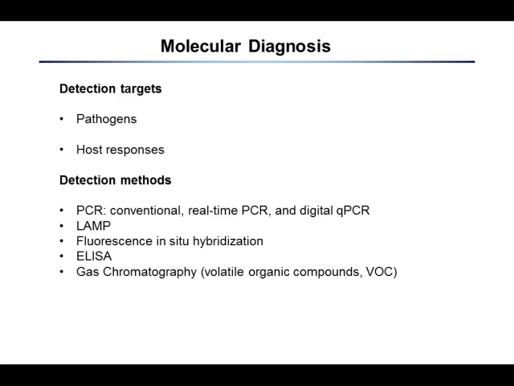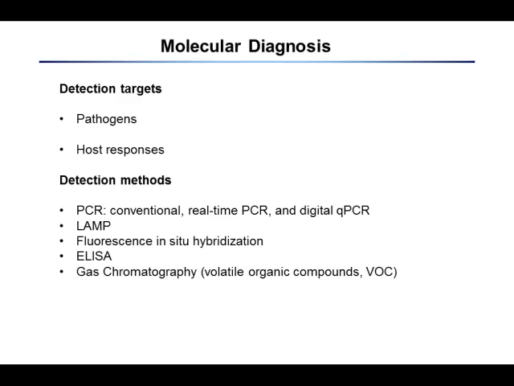Here I just give an overview of detection. Basically, you can either target the bacteria, the pathogen, or you can use the host response, either way, as long as the molecular signature is specifically related to the pathogen or disease.